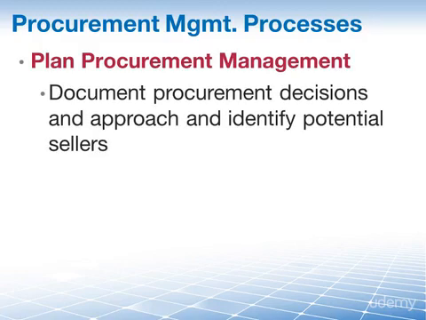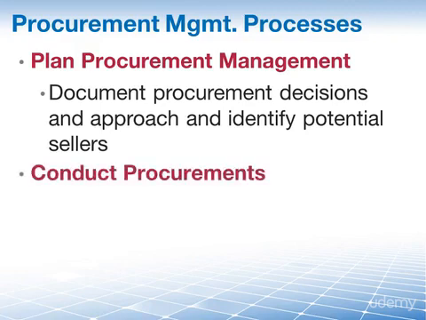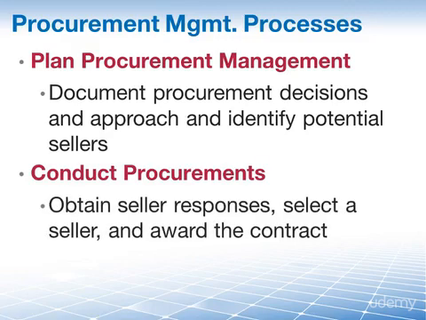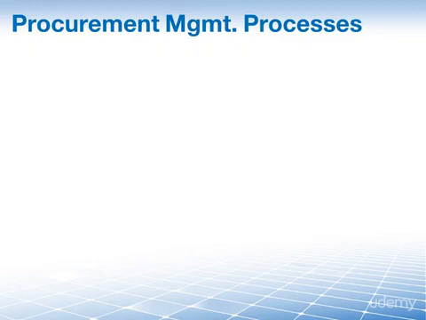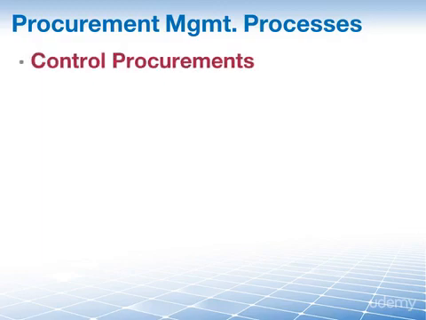This is the process of documenting project procurement decisions, specifying the approach, and identifying potential sellers. Once we have that, we will conduct our procurements in the process of obtaining seller responses, selecting a seller, and then also awarding the contract. Once we have the contract in place, we need to control our procurements.